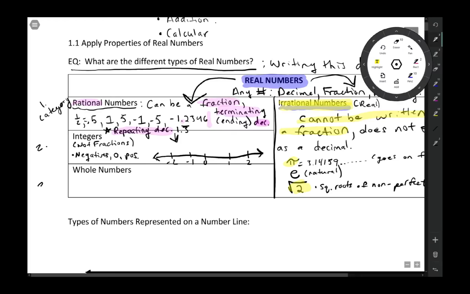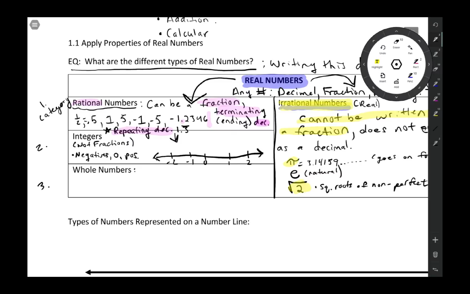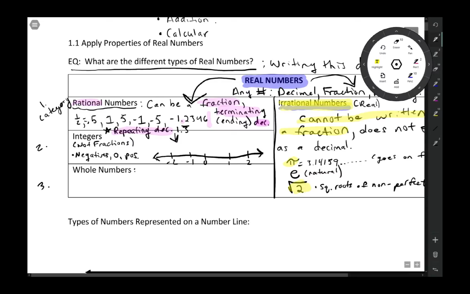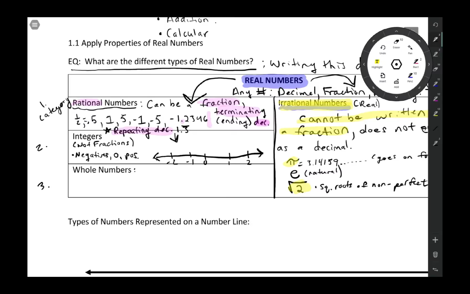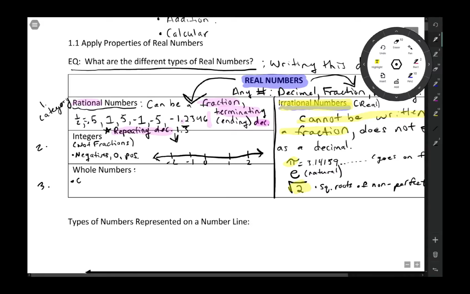And the last level we have are whole numbers. And these are numbers we can physically, I guess, see. You can go to the grocery store and say, oh, I'm going to buy 1 box of cereal, things like that. These are just 0 and also positive numbers.